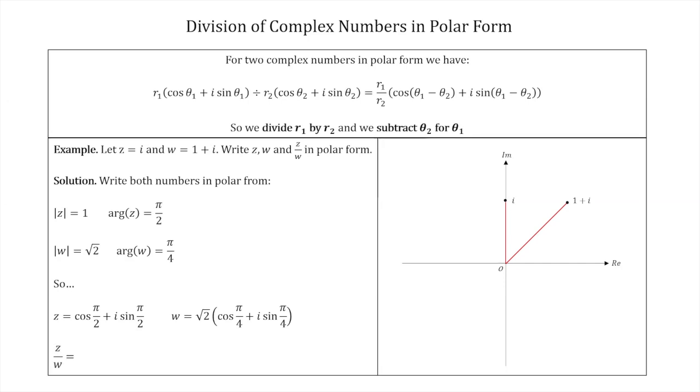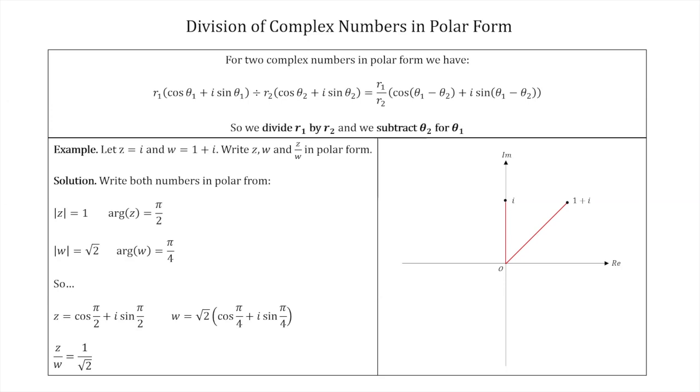What does that equal? If I just use the formula we discussed at the beginning of the video in the box at the top, I first do r1 divided by r2 to get the modulus. So that's 1 divided by root 2. Remember, the modulus of the first number is 1. It's not written there, but we know that it's 1. And then the modulus of w is root 2. So I get 1 divided by root 2. And then I just subtract the argument of w from the argument of z.